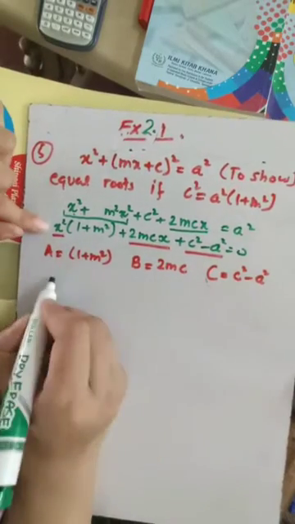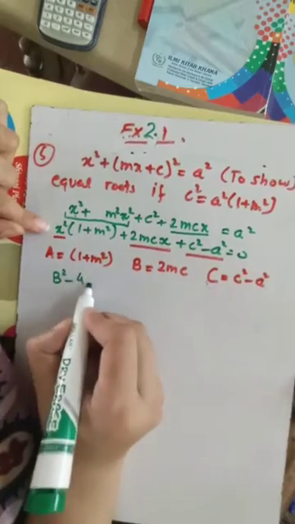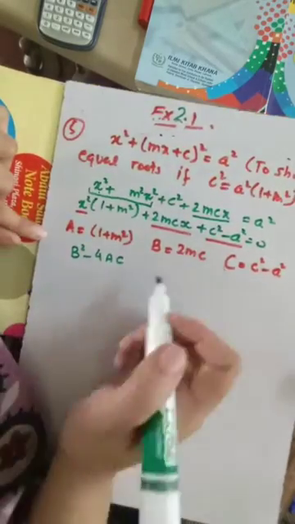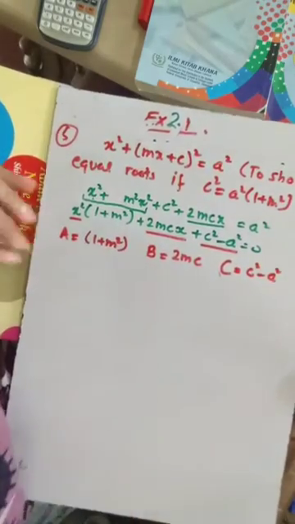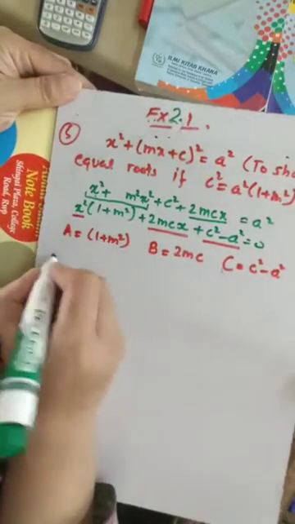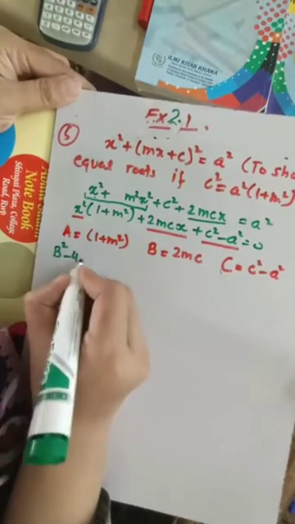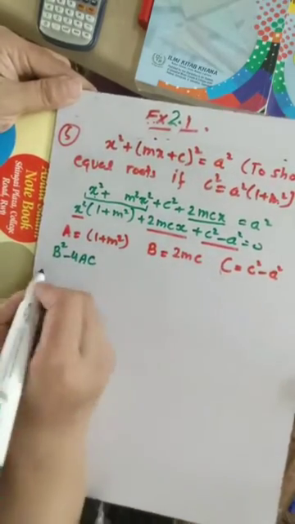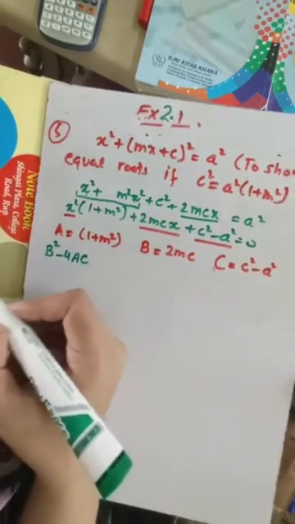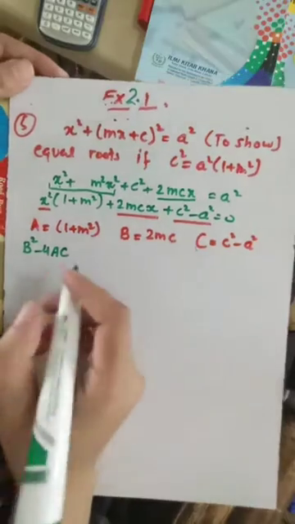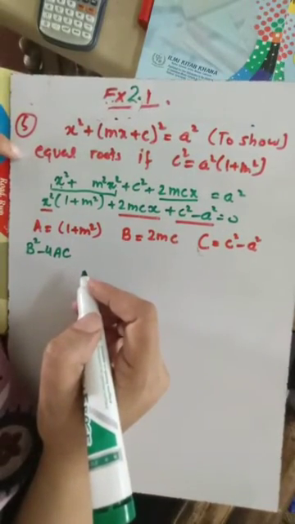Now for this expression to have equal roots, its discriminant must be equal to 0. Let us see which. Now for equal roots, first of all let us calculate the discriminant, okay, without declaring anything about it, whether it is equal to 0 or not. We will just calculate it, and let's see what things will be required to make it equal to 0 and to make our roots equal, because they have asked for the condition of equal roots.